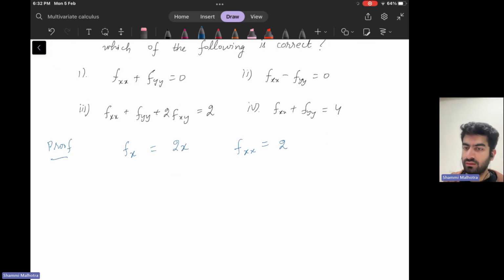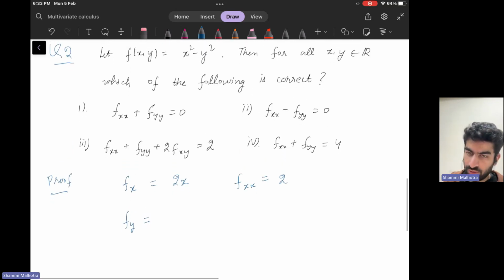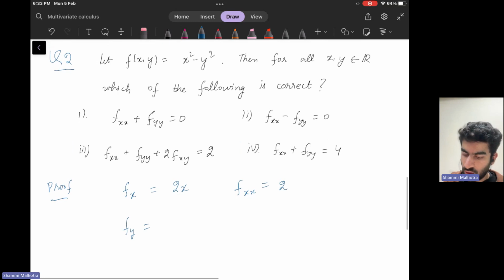Similarly, we can find the partial derivative with respect to y. So let's calculate fy. The function given is x square minus y square, so I will keep x constant this time.